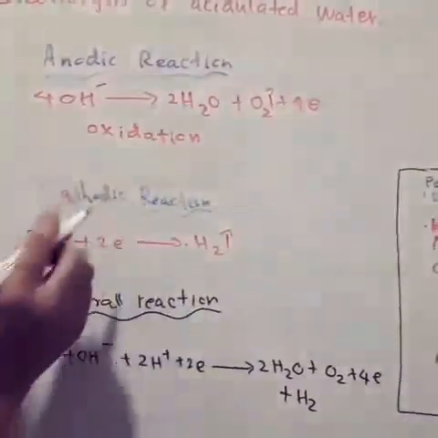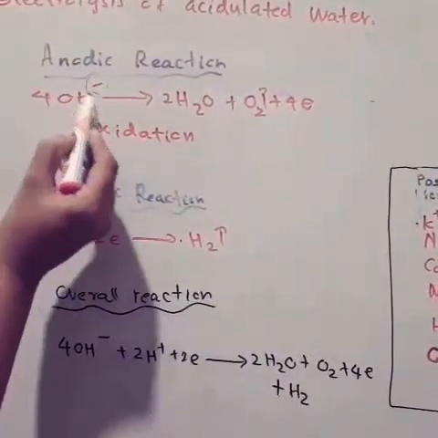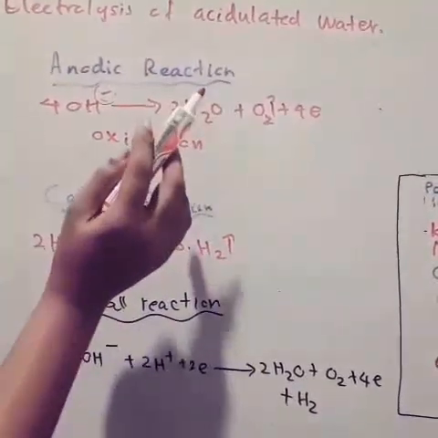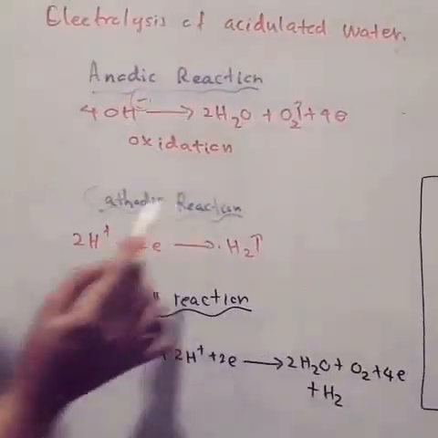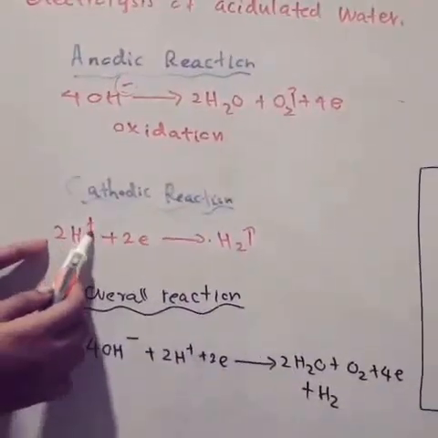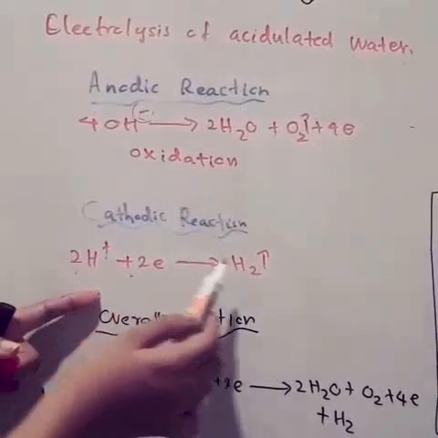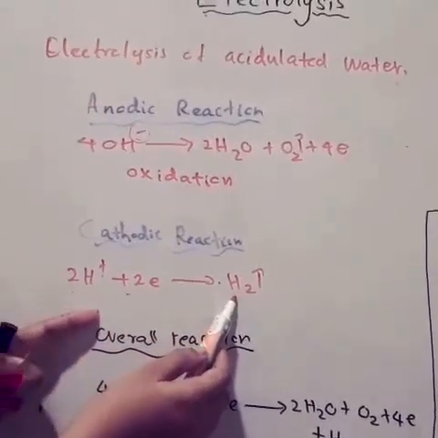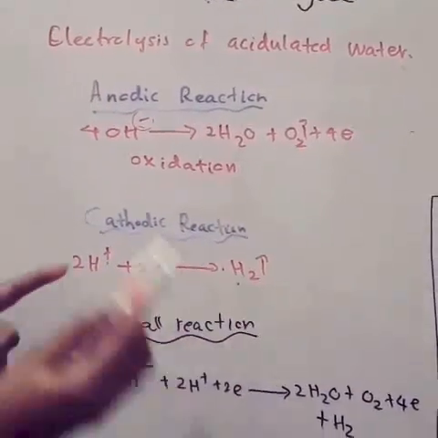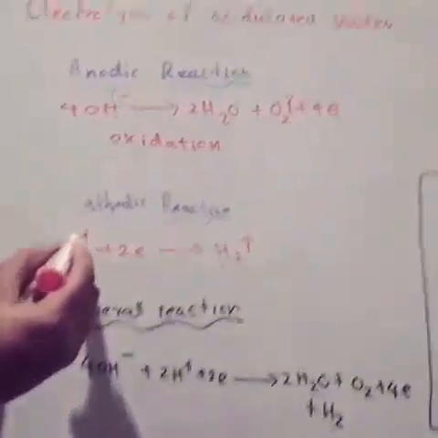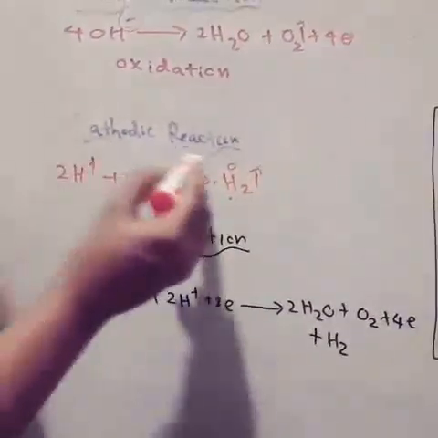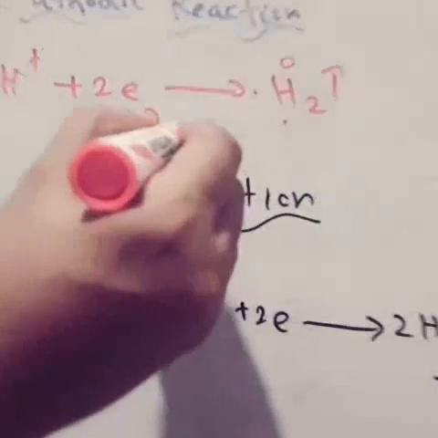Why do we call it an oxidation? Because we started with negative and went to 0. And the cathodic reaction, 2 hydrogen plus ions and 2 electrons turn into hydrogen gas, 1 molecule of hydrogen gas. We started with positive and went to 0, therefore this is a reduction.